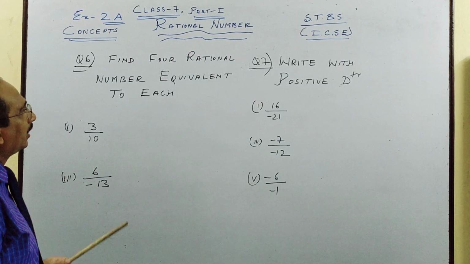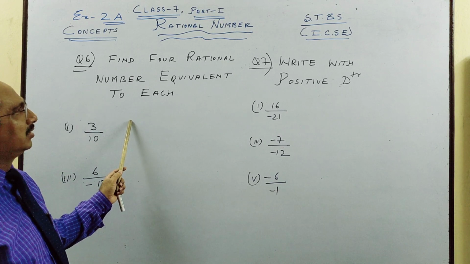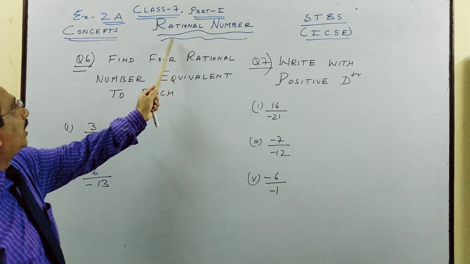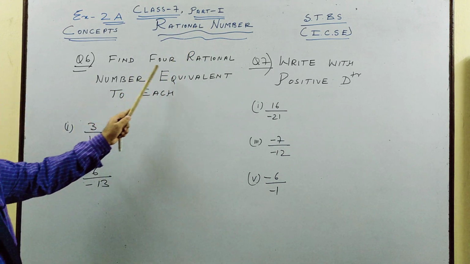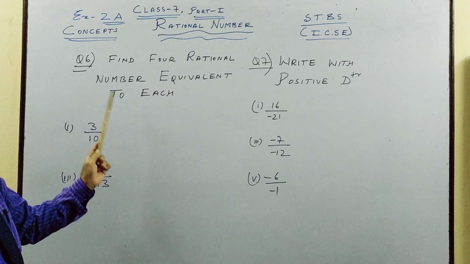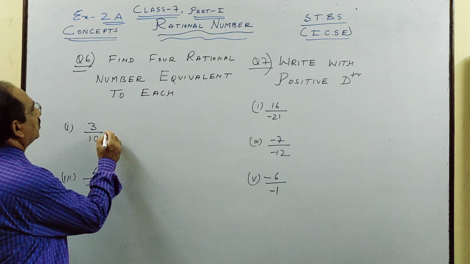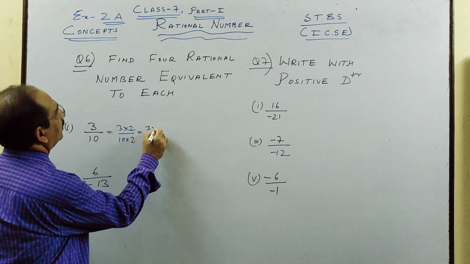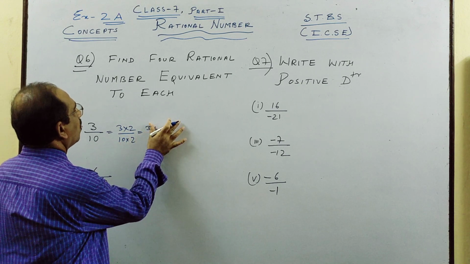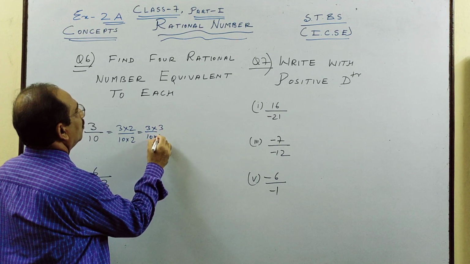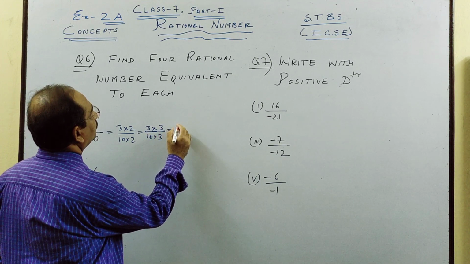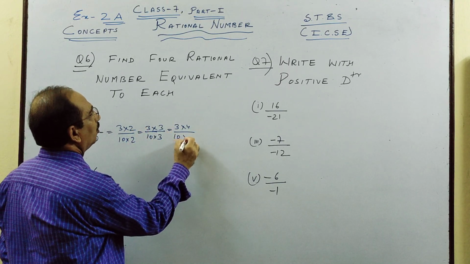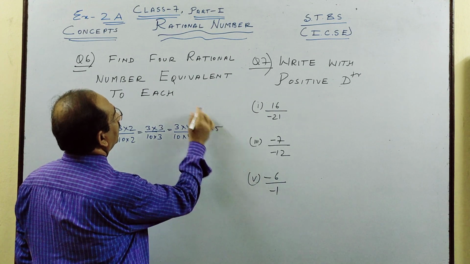So finally, I come to the last two questions in today's session. Rest of the questions I will solve in part 2 of rational numbers. So find 4 rational numbers equivalent to each. See question 6. So what we do, children, we multiply each one of them by 2, then 3. You have to multiply both with the same number: 2, 2, 3, 3, 4, 4, and last one I need 4.